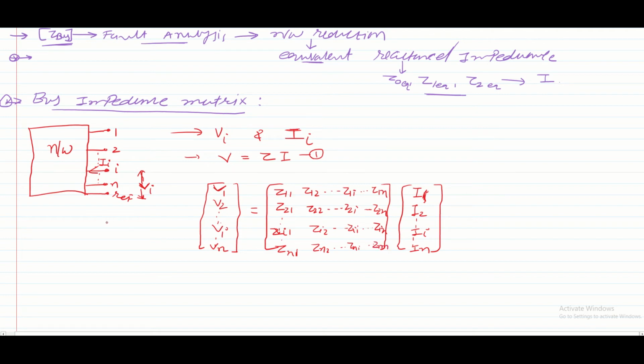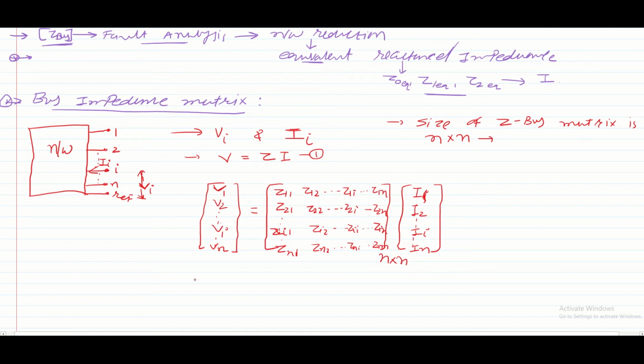So if it is an n bus network, then the size of the Z-bus matrix will be n cross n, where n is equal to the total number of buses in your network. Clear?